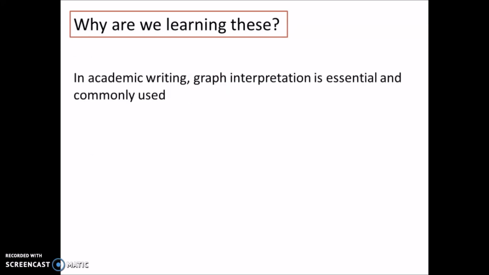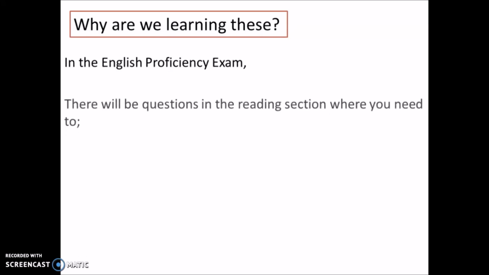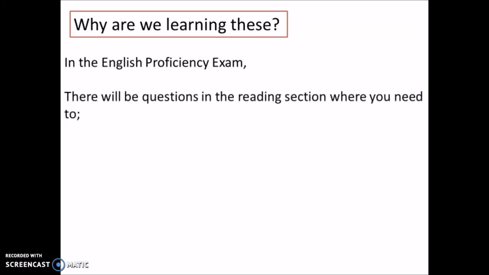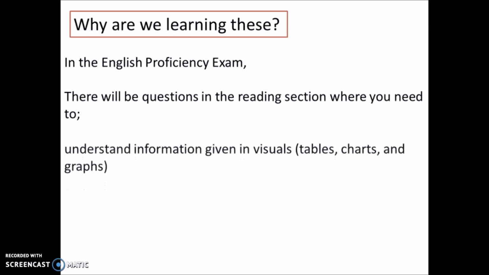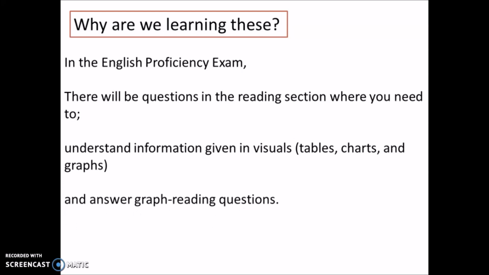In academic writing, there is a lot of graph interpretation. So you will see some examples in the proficiency exam as well. In the reading section, there are some questions where you will see tables, charts, or graphs, and you need to understand the information and answer the questions.